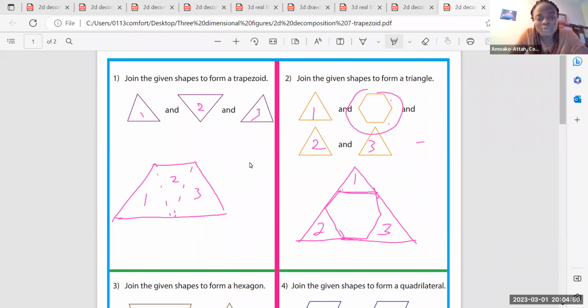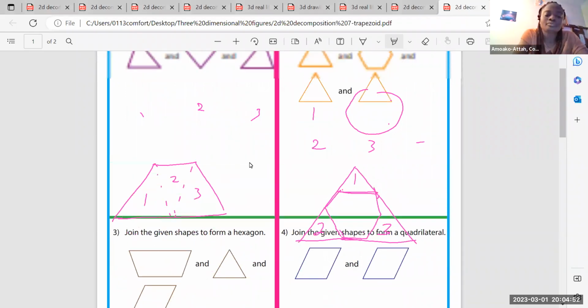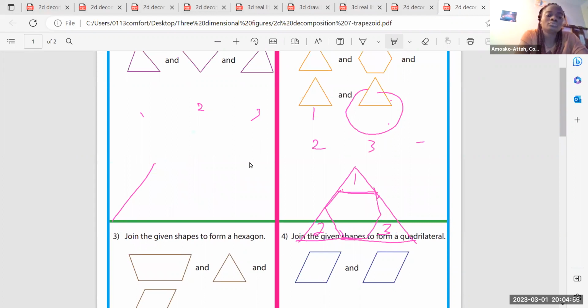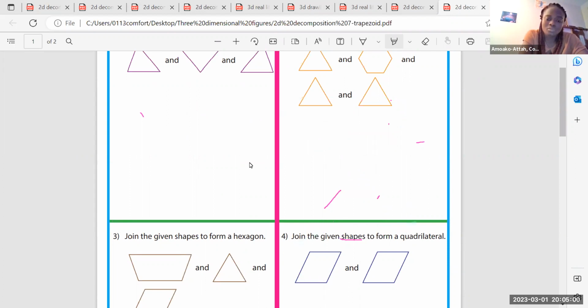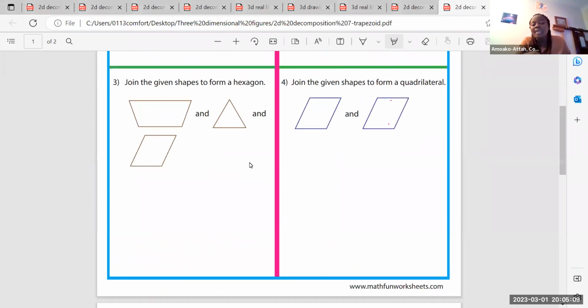All right. Then we move to the next one. We have to join these shapes to form a hexagon. A hexagon has 6 sides: 1, 2, 3, 4, 5, and 6.